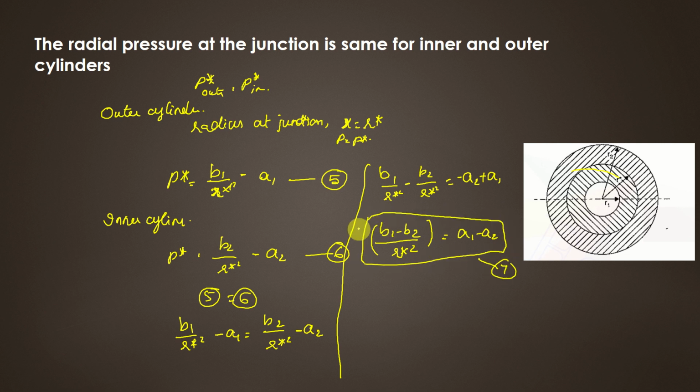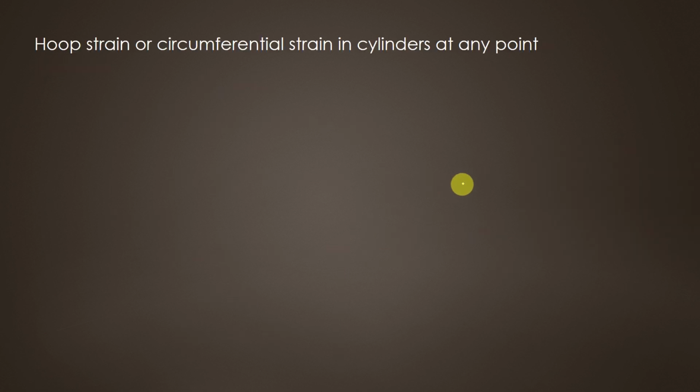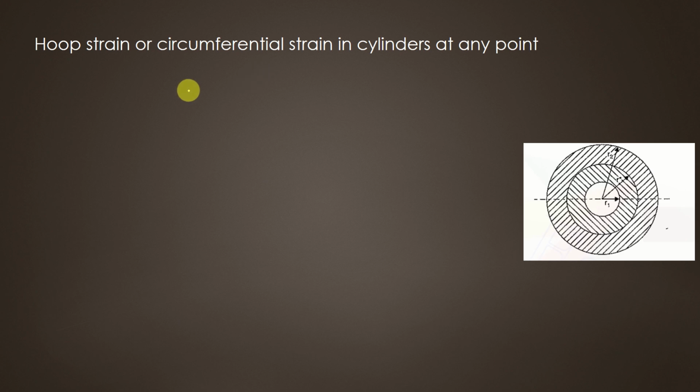So let us leave that. Let us find out strain. The hoop strain, or we can also call it circumferential strain in cylinders at any point. That is sigma x by E plus mu into px by E. That is positive because they are acting in the similar direction, not negative.